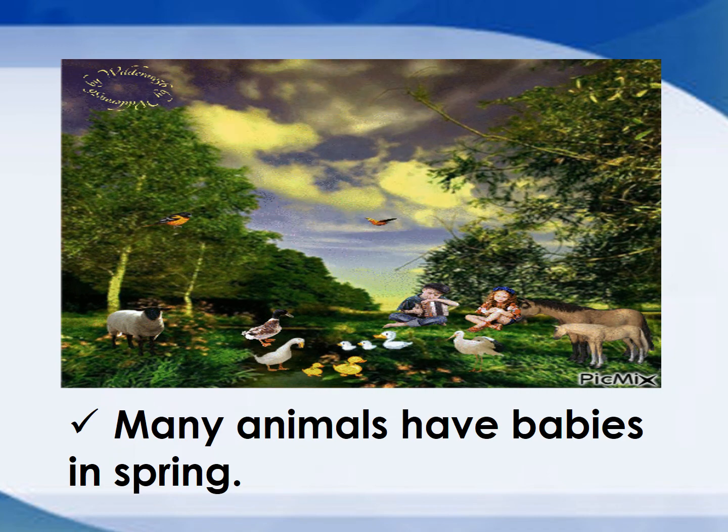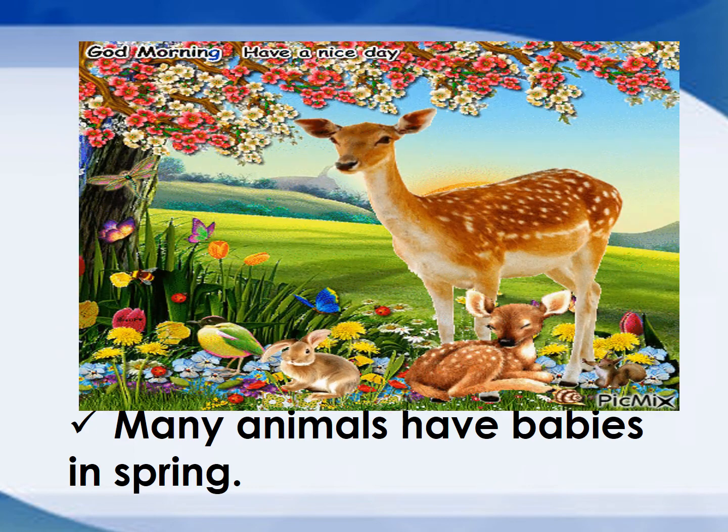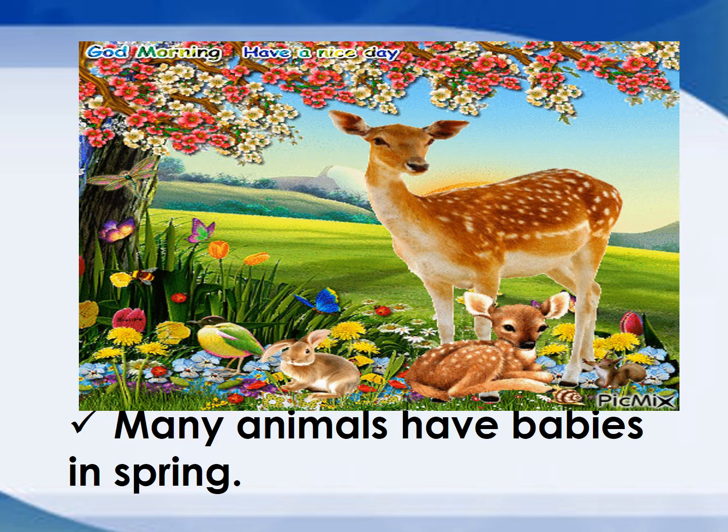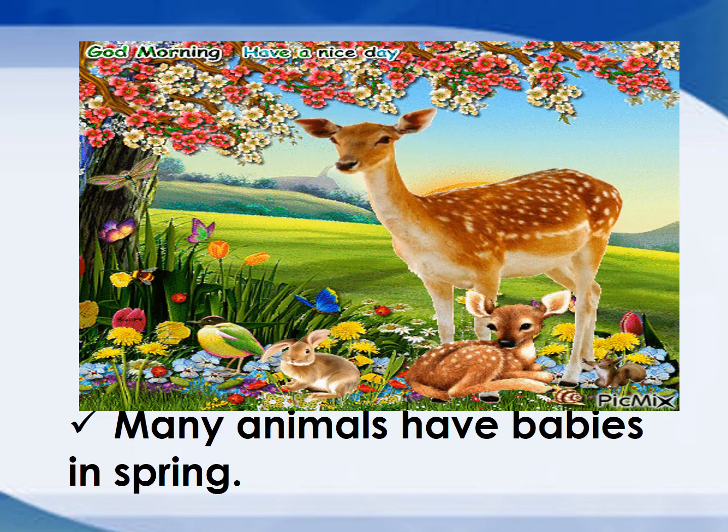Look at this. You see these young birds? You see these mammals? It is during this time that many animals have babies. Look at this other picture. Look at the baby animals. Look at the young animals.